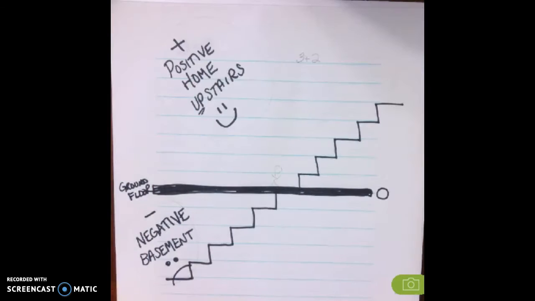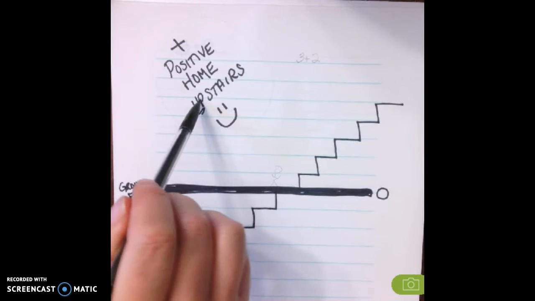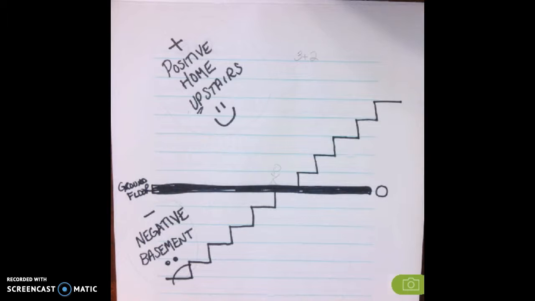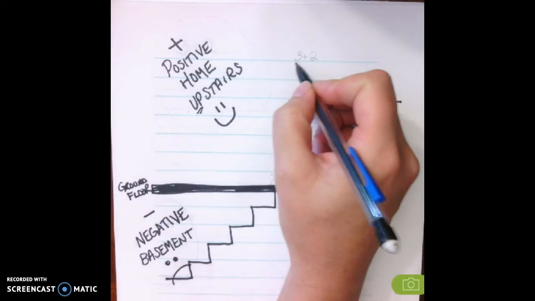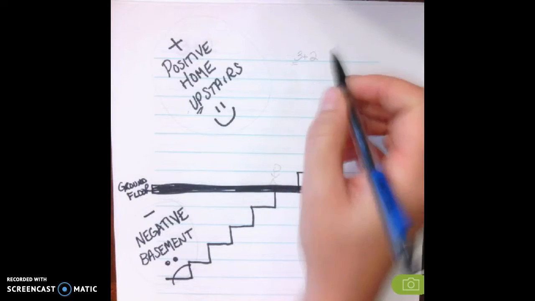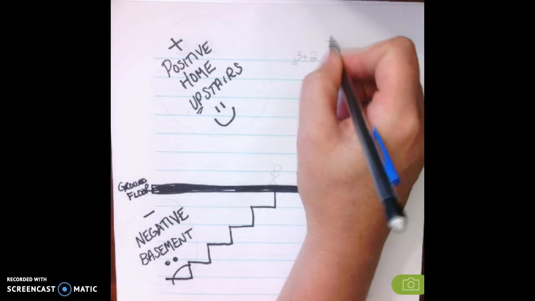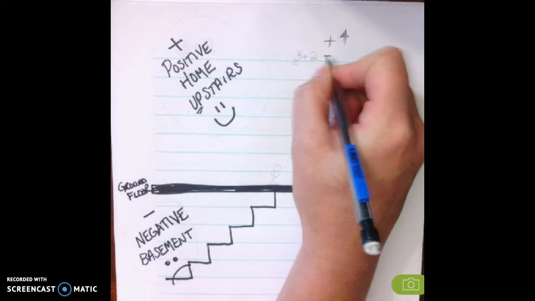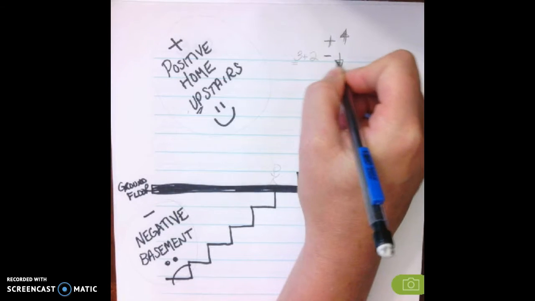Upstairs is warm, it's airy, you can smell your mom's apple pie. That is the positive upstairs. Every time we have a positive number, we're going to walk upstairs. So positive numbers, we walk upstairs. Negative numbers, we walk downstairs.